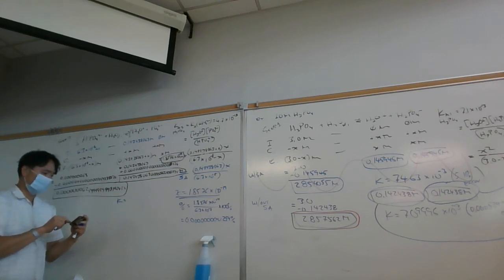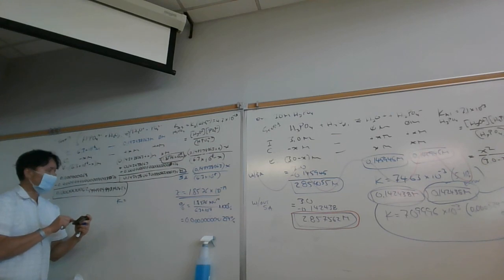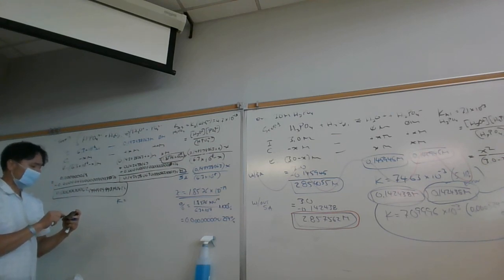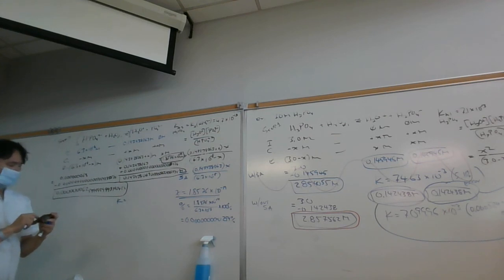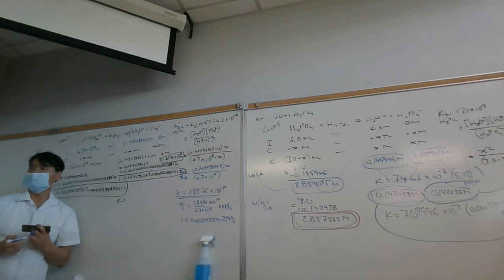Okay. So 142438063, and then 9 zeros: 1, 2, 3, 4, 5, 6, 7, 8, 9. Can you plug that into your calculator?